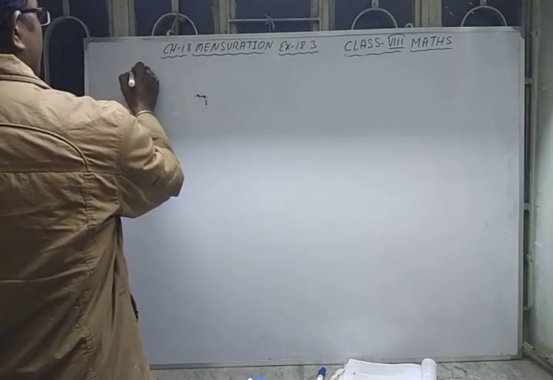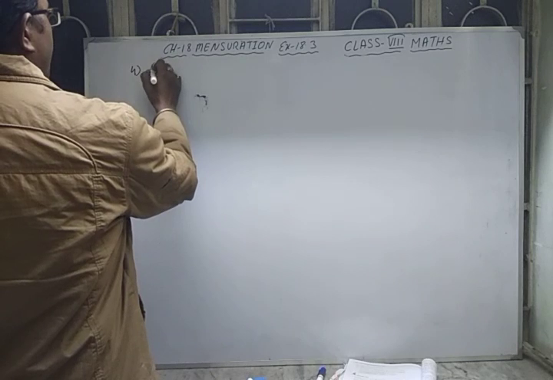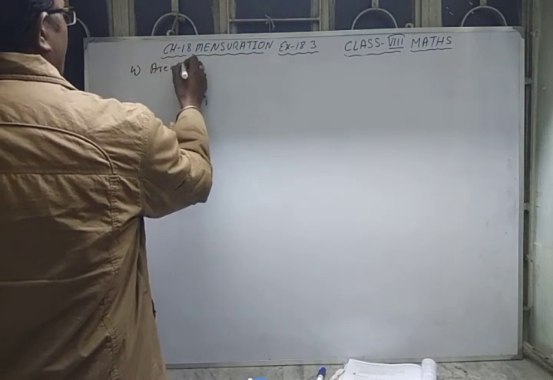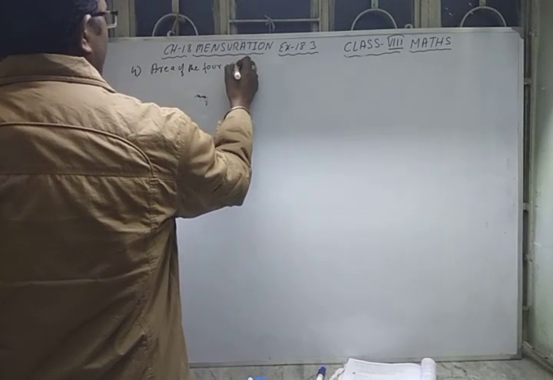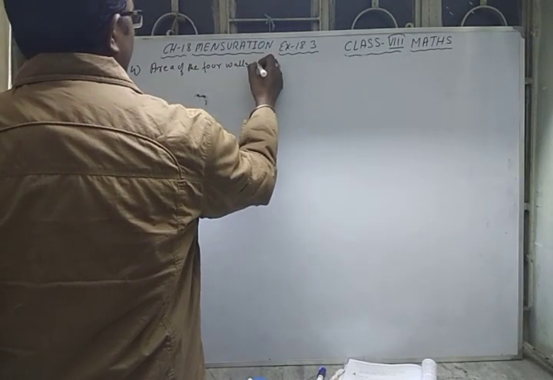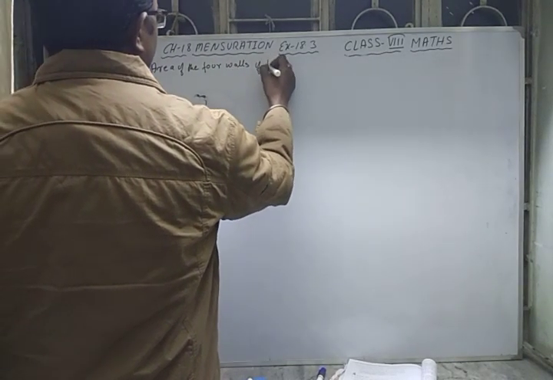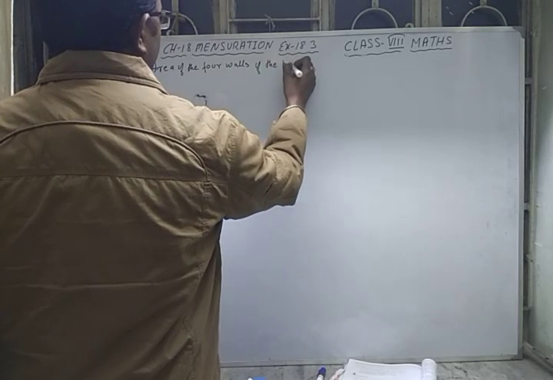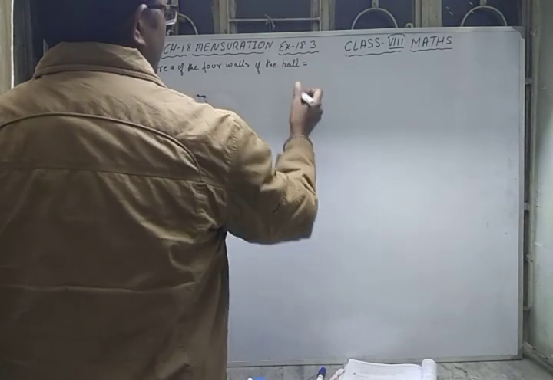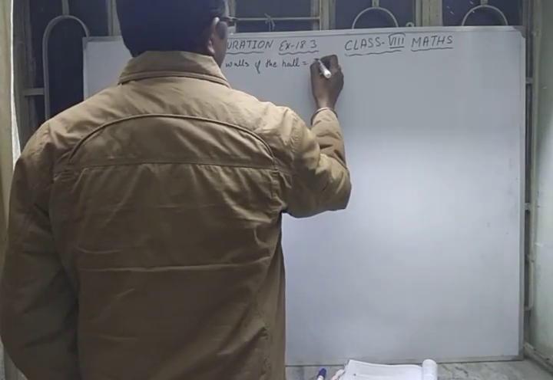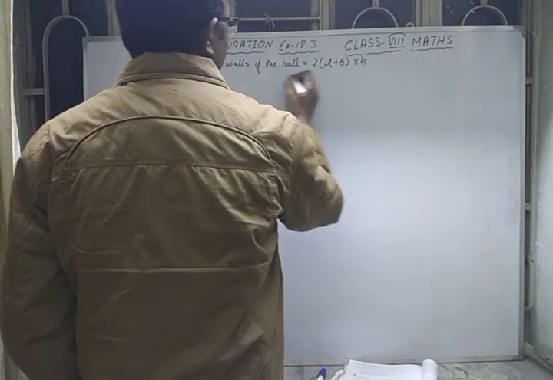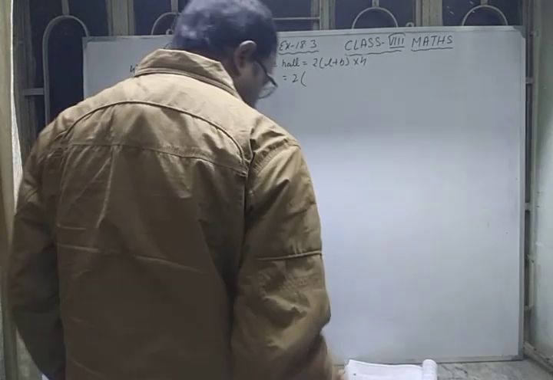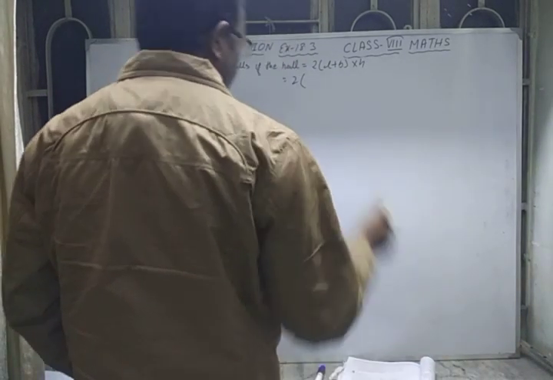Question number 4. First we will find the area of the 4 walls of the hall, which is equal to 2 into (L plus B) into height. So 2 into, what is the length given? Length is 15, breadth is 12.